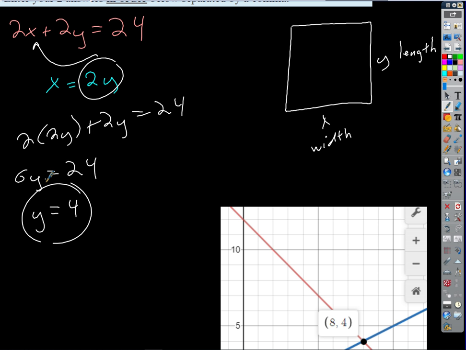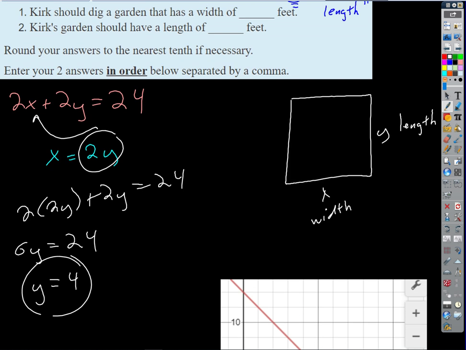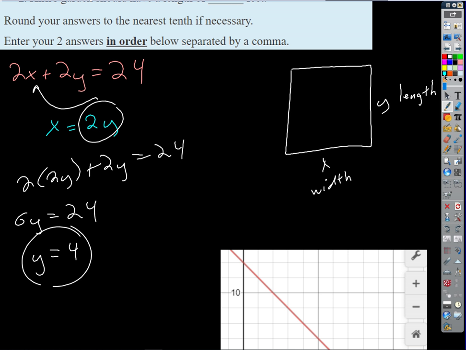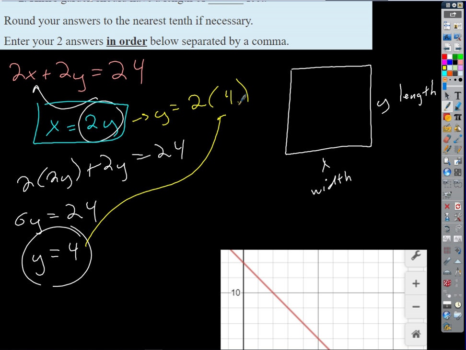Okay, then I've got to find x. All I've got to do is go back up, and there's my equation I can use for x, isn't it? There's my substitution equation. So if I plug in 4 for y, I get x equals 2 times 4 equals 8, right?